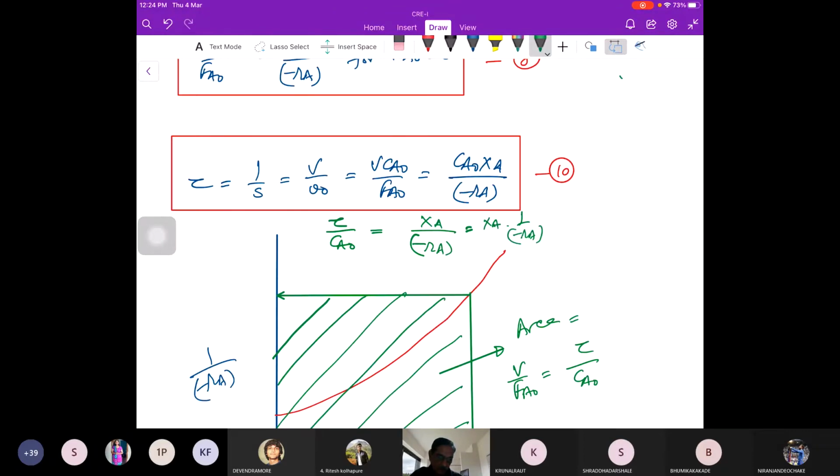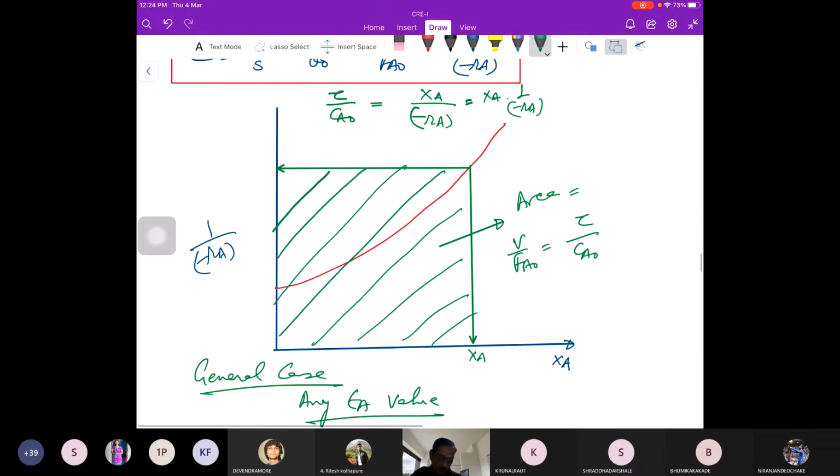So we plot 1 upon minus RA on the y-axis and XA on the x-axis, and you'll get something like this curve. Points may be something like this.